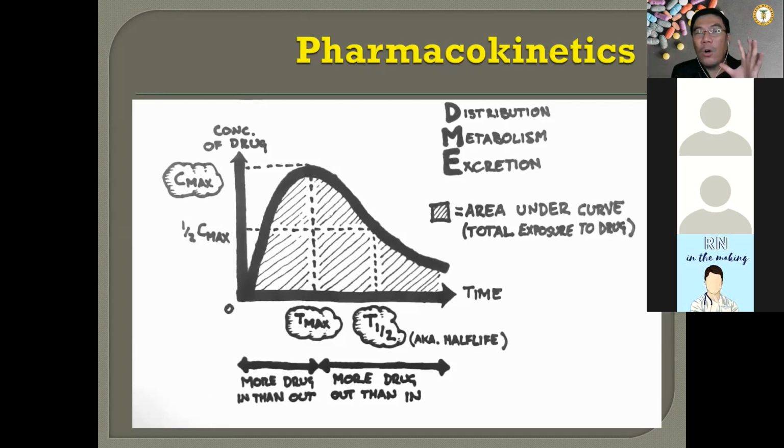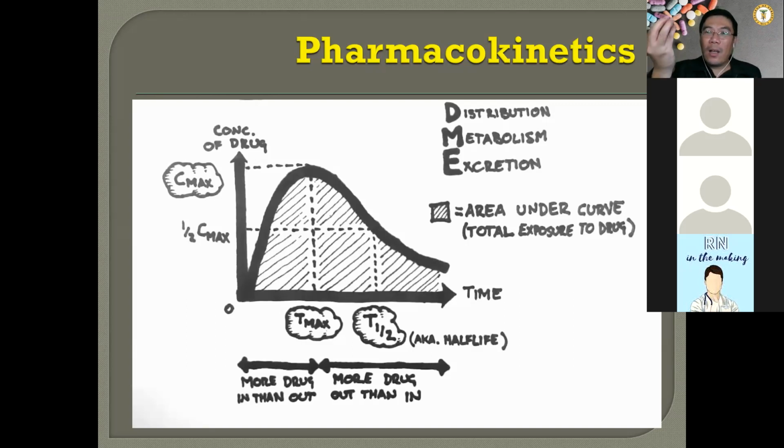Almost all oral drugs, or drugs through the oral route, are detoxified by the liver. Very rare, sometimes not anymore, if the drug already reaches the plasma through intravenous or intraosseous routes.